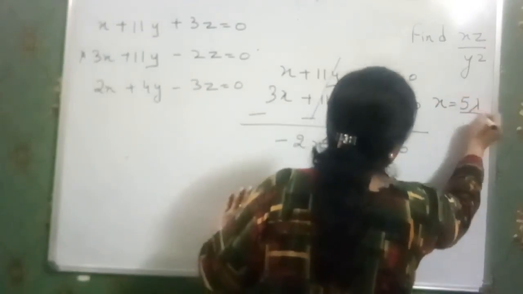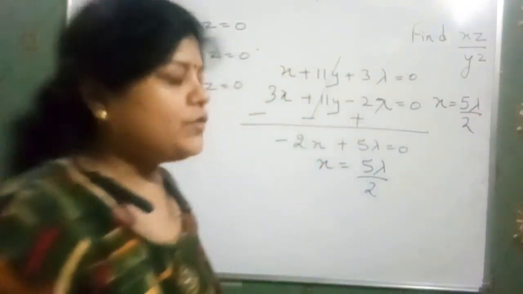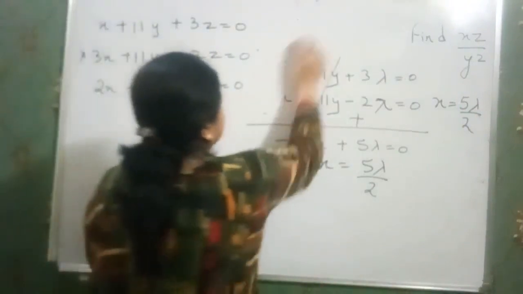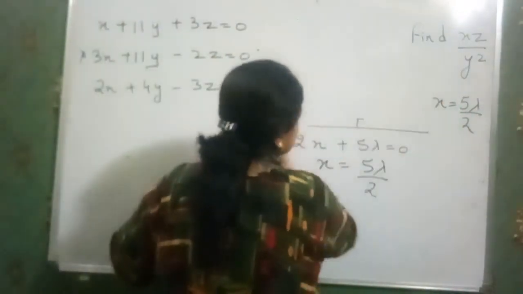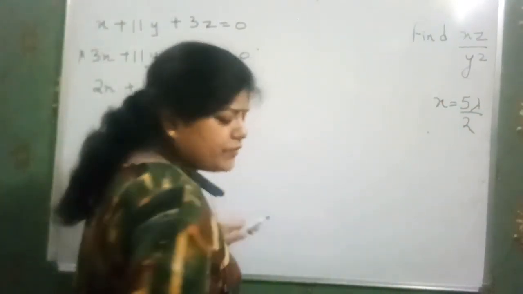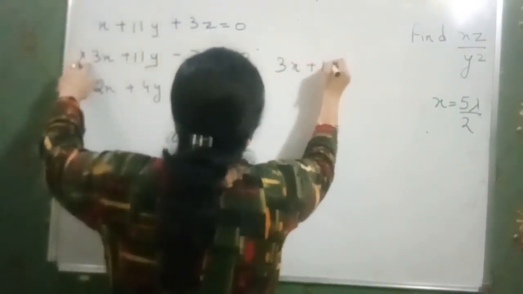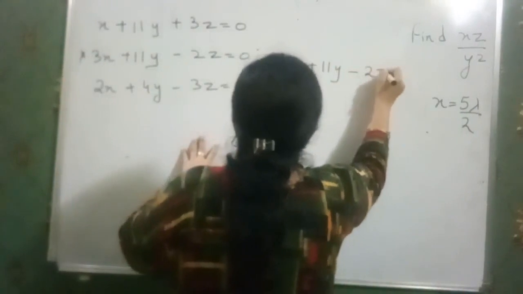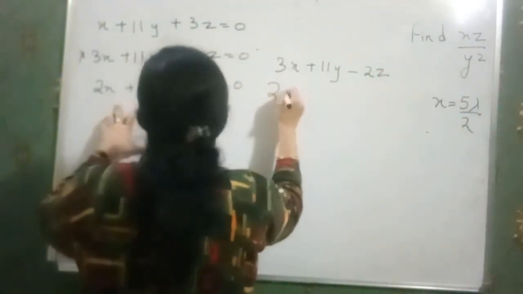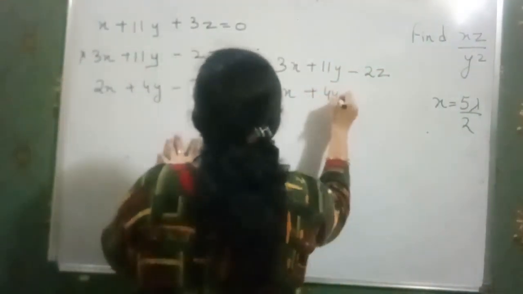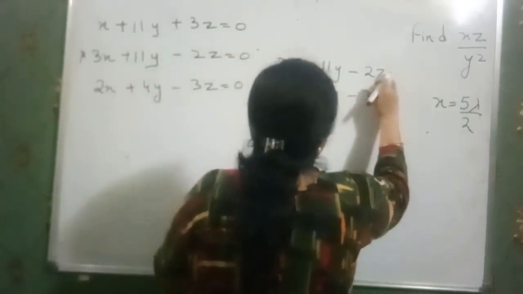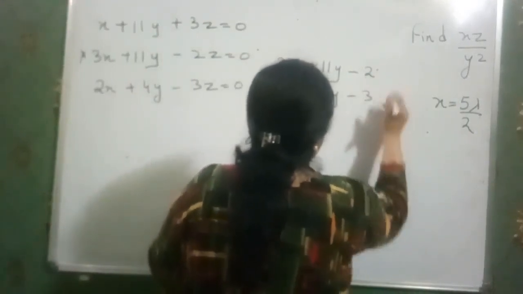Now we have to find the value of y by solving another two equations. So we have 3x plus 11y minus 2z, then 2x plus 4y minus 3z. In place of z, I put lambda.